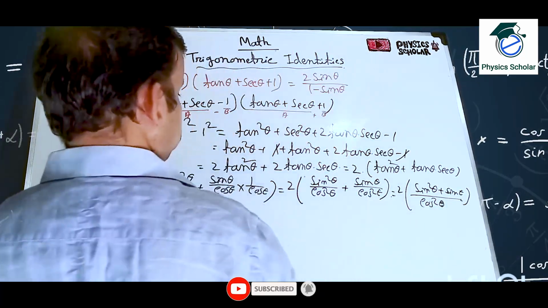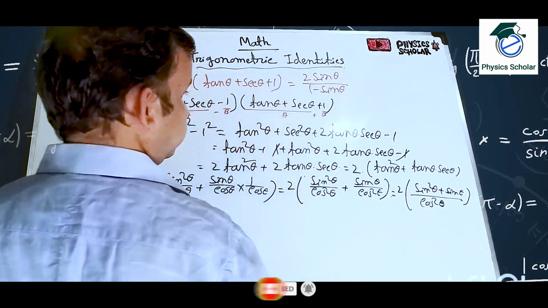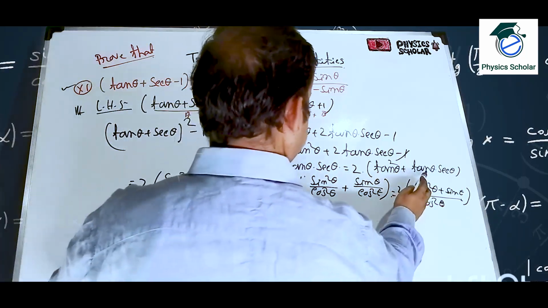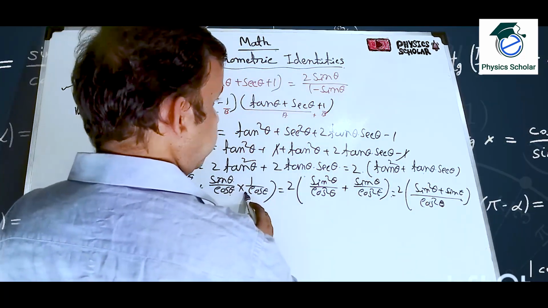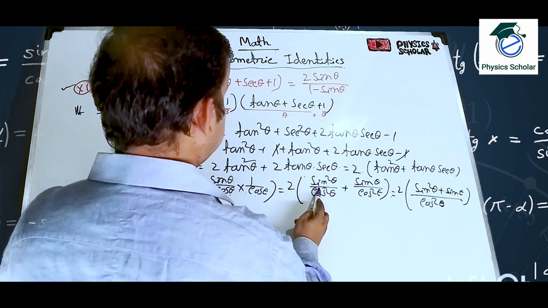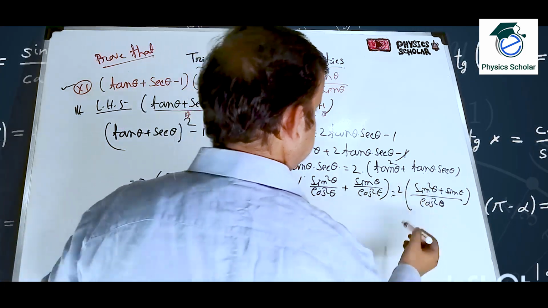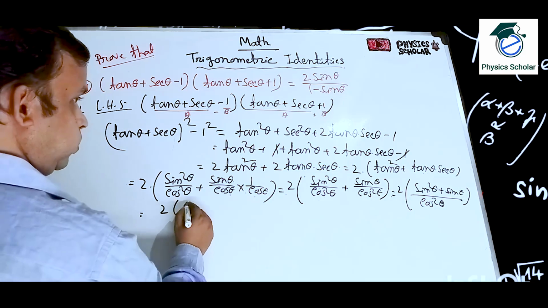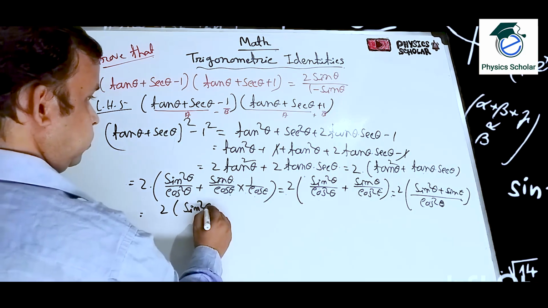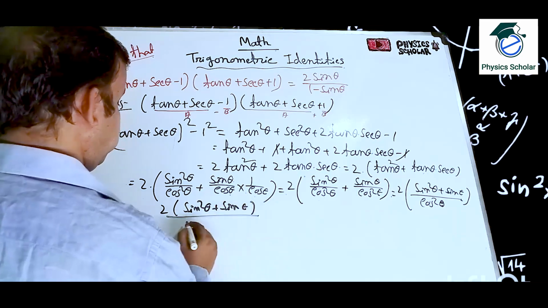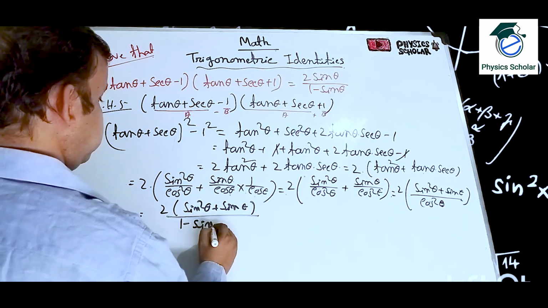So cos square theta means what? Tan means sin theta by cos theta into sec means 1 by cos theta. So 2 sin square theta plus sin theta divided by cos square theta, and cos square theta means 1 minus sin square theta.